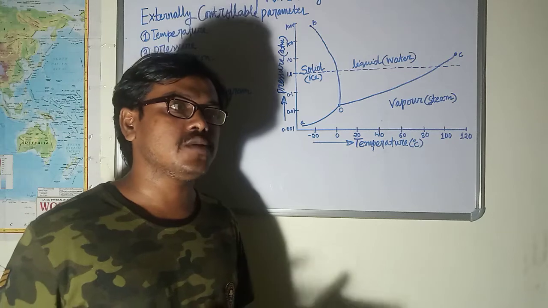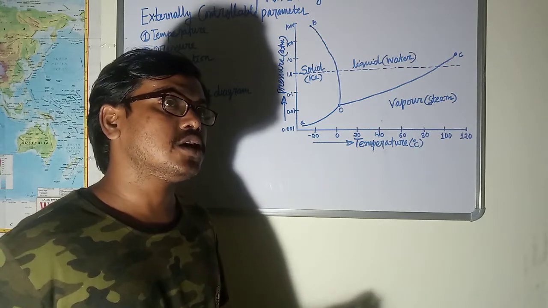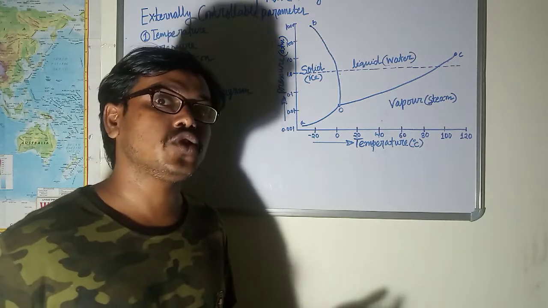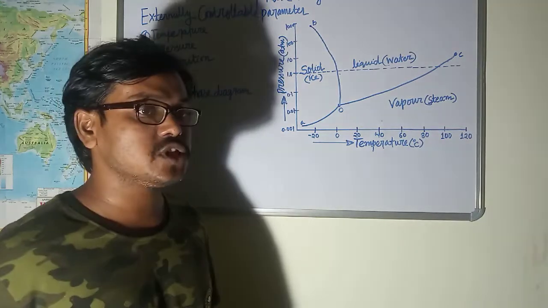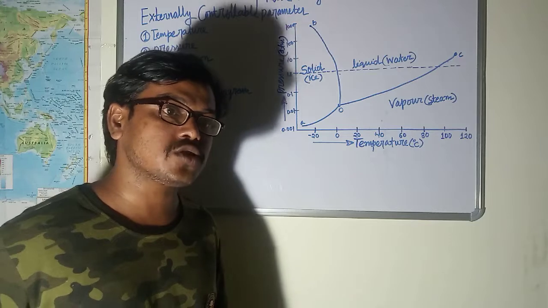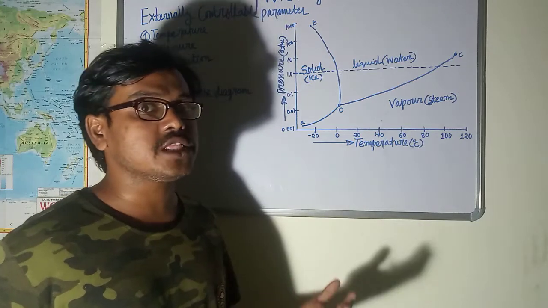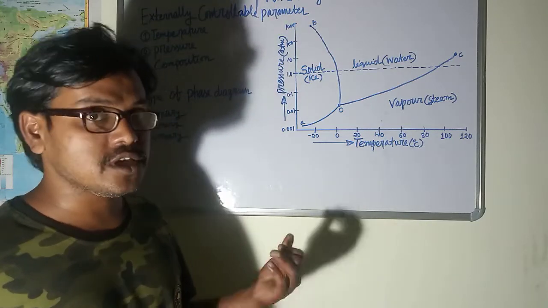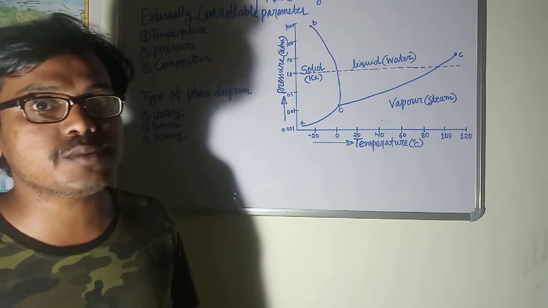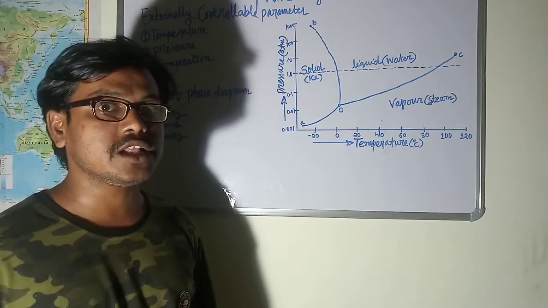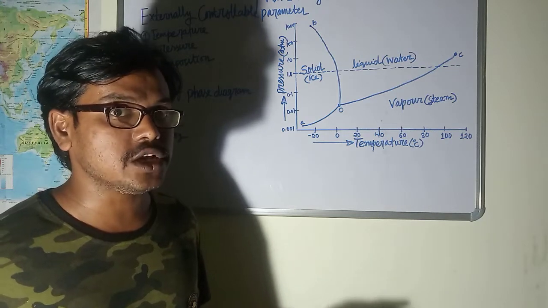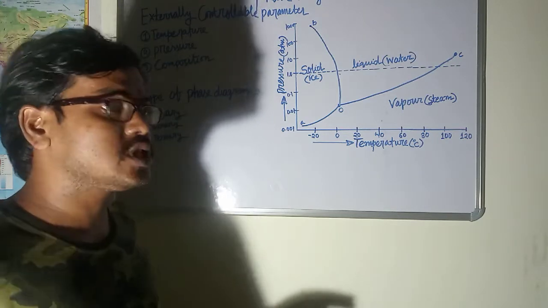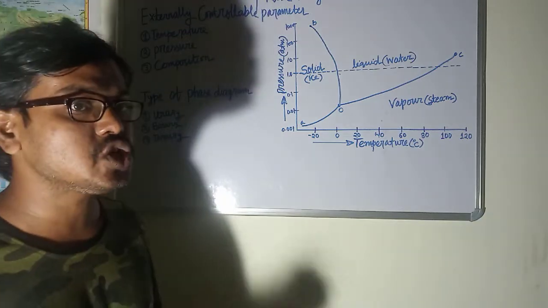We cannot vary it, because we can vary composition in the case of mixtures. Suppose homogeneous solid solutions or heterogeneous solid solutions are there, in those cases we can change the composition. But here water is already a pure substance, and also it is a single phase. So the composition of water cannot be changed here, and I cannot claim that the composition of water is being held constant. It is already constant.